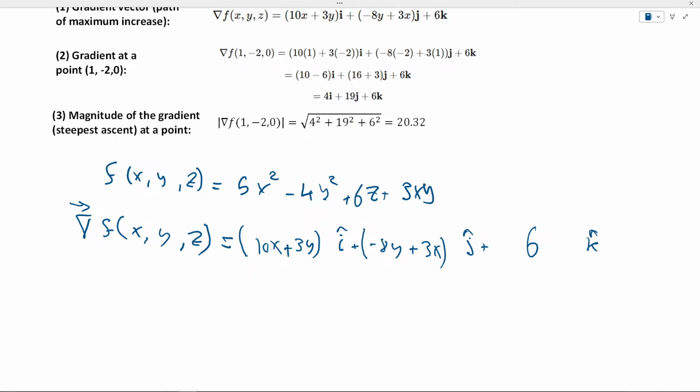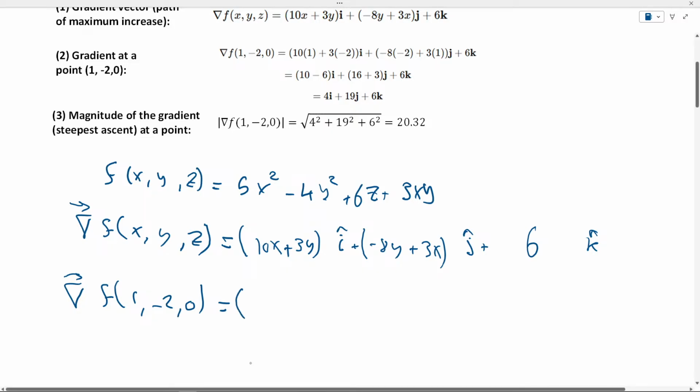So I ended up with this equation that you see here. That's my gradient. The gradient of this function looks like this. Now I want to evaluate this gradient at a point, the gradient of the function at (1, -2, 0).